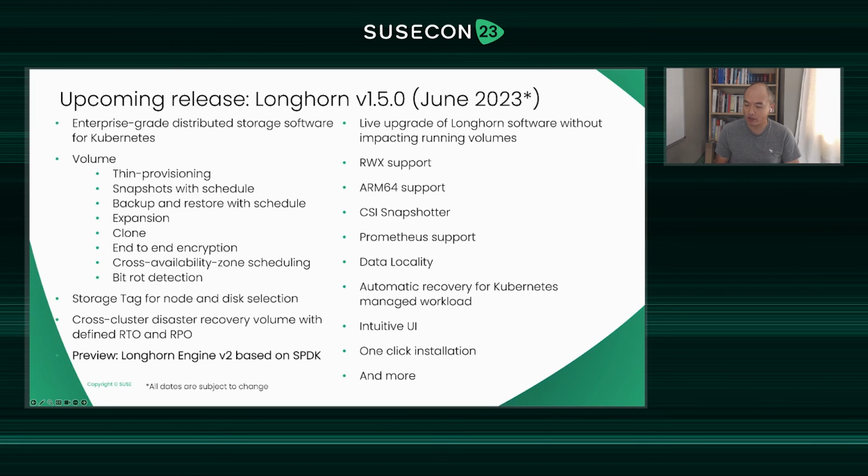We have added data locality support, and that is more for the use case where many applications have replication or sharding mechanisms by themselves, and they only want to access the local disk for better performance.